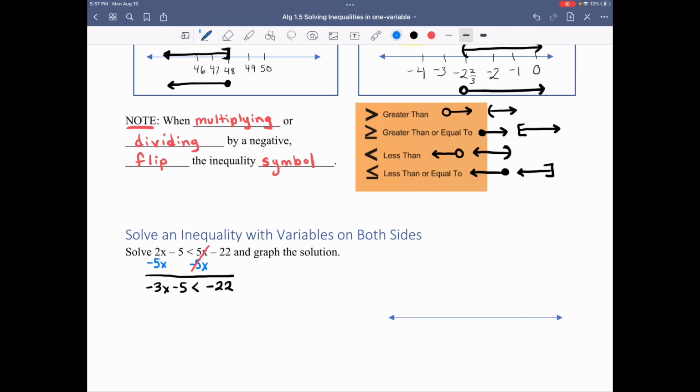The next step is to add 5 to both sides, just like we've been practicing in our two-step equations. The negative 5 and the positive 5 cancel. Then we have negative 3x that we bring down. We bring down less than. Negative 22 plus 5. It's like I owe $22 and I give you 5.